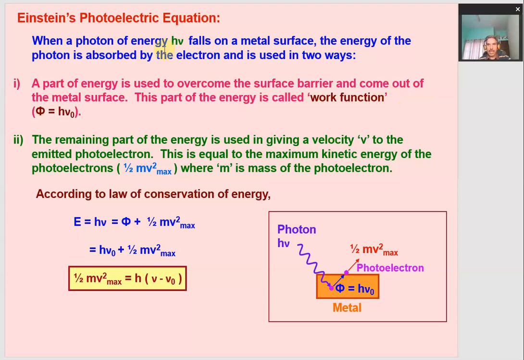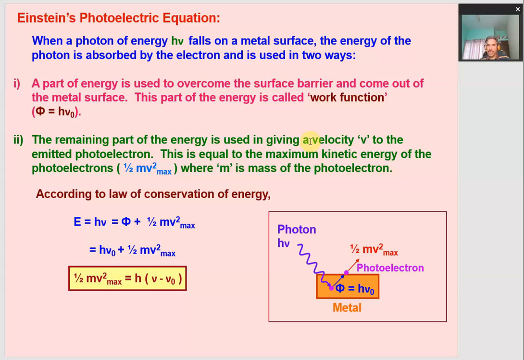So some part of the energy absorbed by the electron is used to overcome this energy barrier. And the remaining part of the energy is used in giving the velocity to the emitted photoelectron.